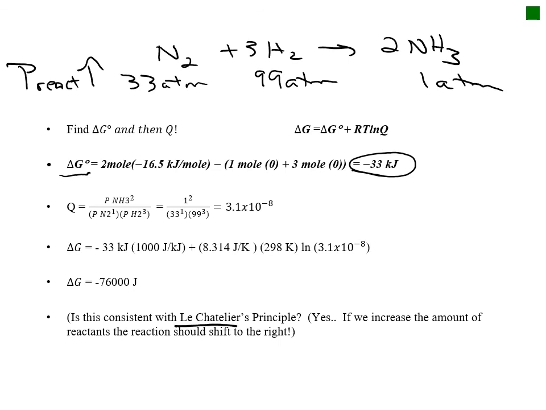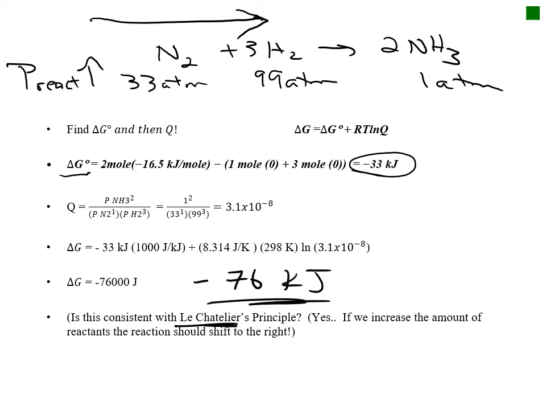Well, according to Le Chatelier's principle, if we increase the amount of reactants, our reaction shifts towards products. We went from minus 33 kilojoules to minus 76 kilojoules, and our reaction became significantly more spontaneous because the pressures went up, which is consistent with Le Chatelier's principle.